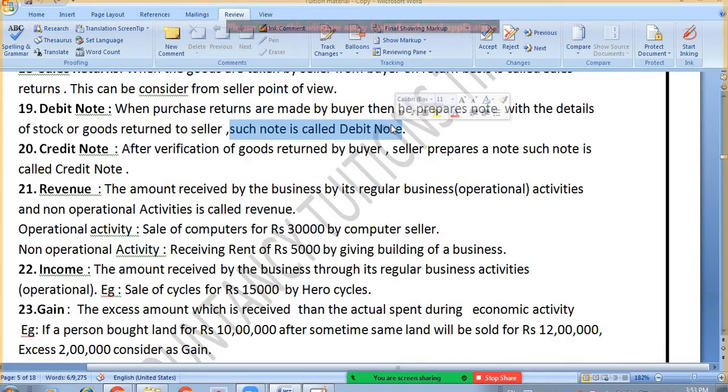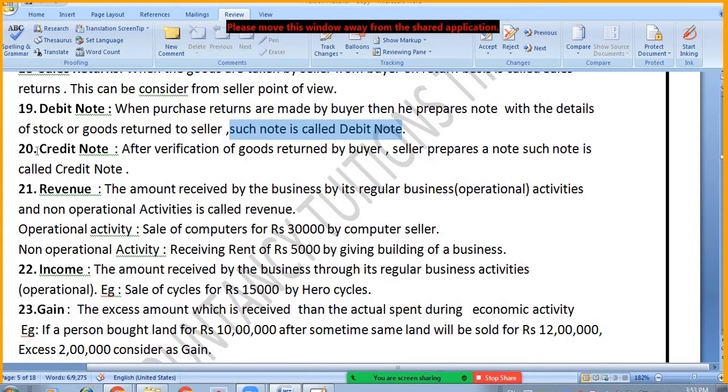While returning the goods to the seller, along with the goods he prepares a note with the details of the stock he is returning: name of the stock, quantity, and the price at which he purchased it from the seller. This note is considered a debit note.